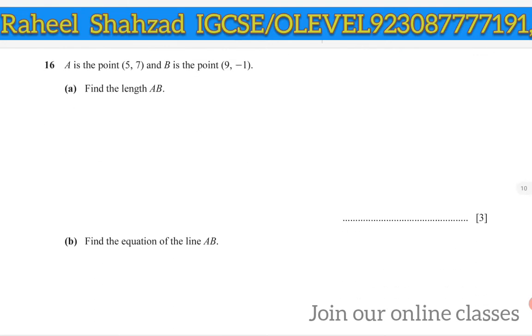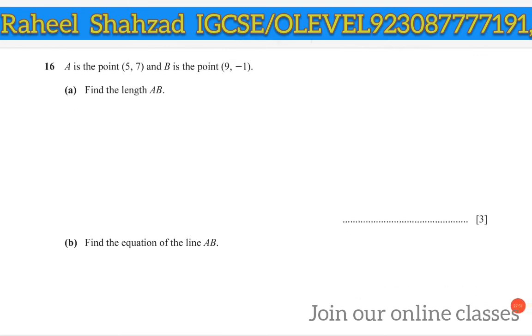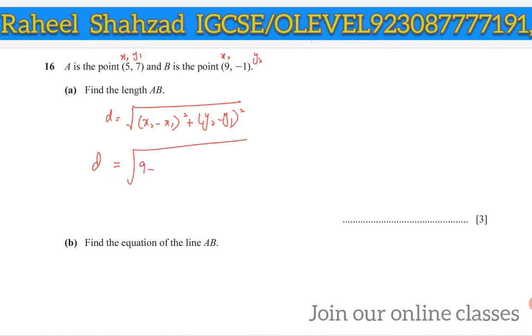Good. In the next part, question number 16, it says A is the point (5, 7) and B is the point (9, -1). Find the length of AB. We know that the distance formula for two points is the square root of (x2 minus x1) squared plus (y2 minus y1) squared. Let this be x1 and y1, this is x2 and y2. So the square root of (9 minus 5) squared plus (y2 minus y1) squared, that is 4 squared plus (-8) squared, all under the root.